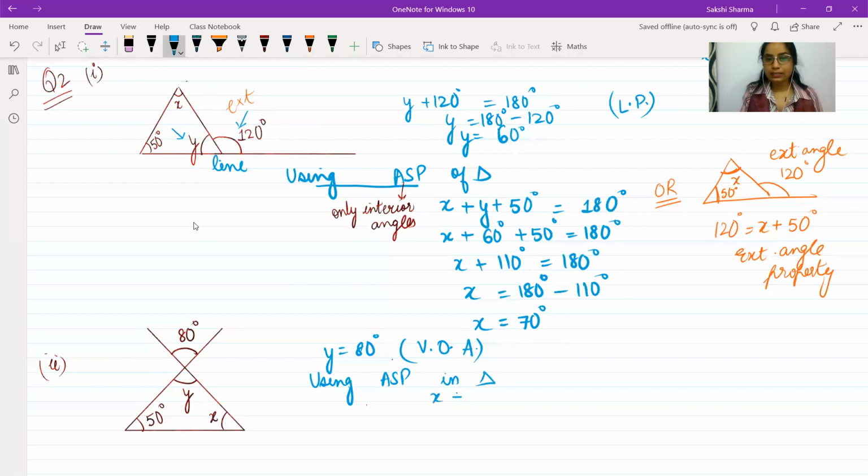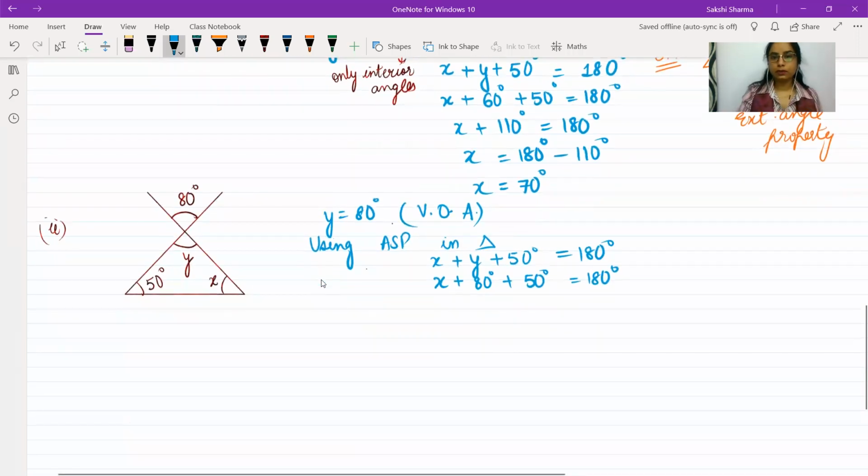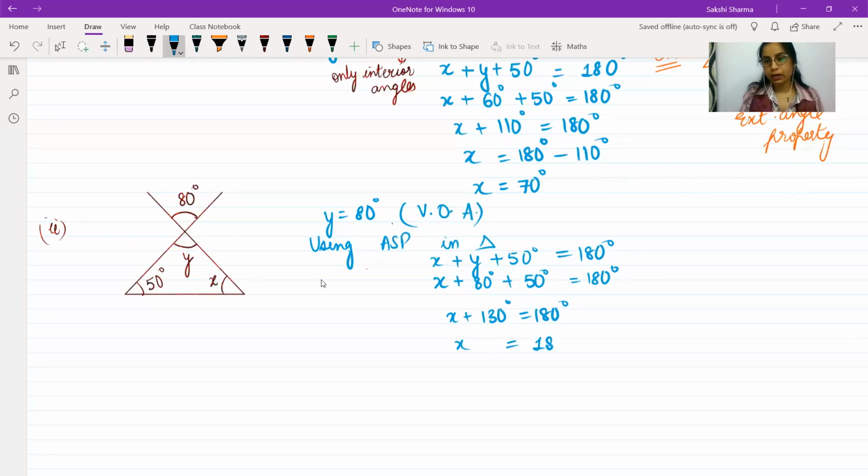So I will have x, y added together with 50, the three interior angles, their sum is equal to 180 degrees. For x, I don't have the value yet. For y, the value is 80. I just calculated it and now I can solve. So this will be x plus 130 degrees equals 180 degrees. X comes out to be 180 degrees minus 130 degrees. X is 50 degrees.